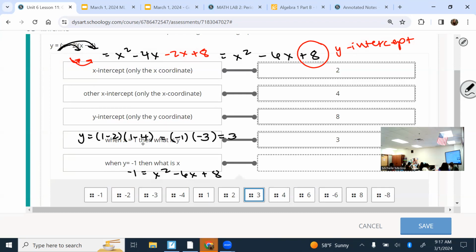Let me think. I'm trying to give you guys an easy way, but I'm not seeing it right now. So my suggestion for this one would be to just graph it and see where it touches on the graph. So I'm going to do that.